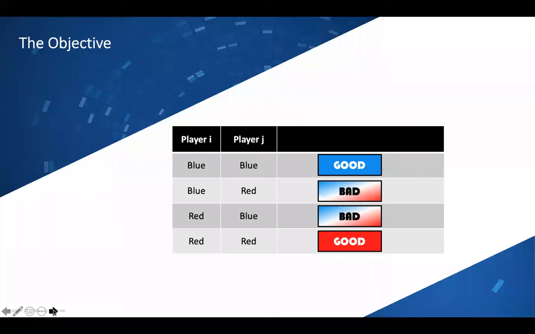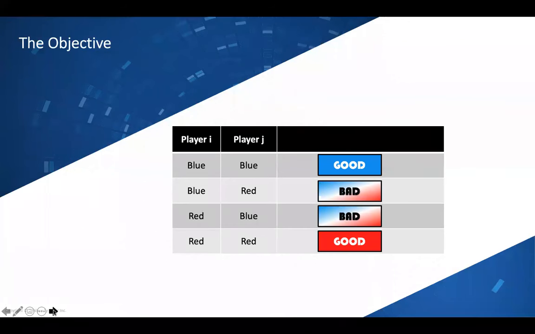And what we've written in there on the right is I have the states blue and blue are good, I want that, and I don't want the middle 2. You know, the second and third lines, in other words, with the blue and red or red and blue. I want to penalize those somehow. And the red and red is also good. So hopefully you've got the idea.